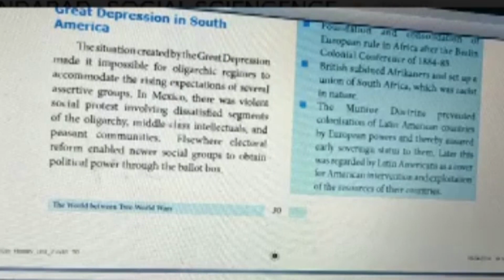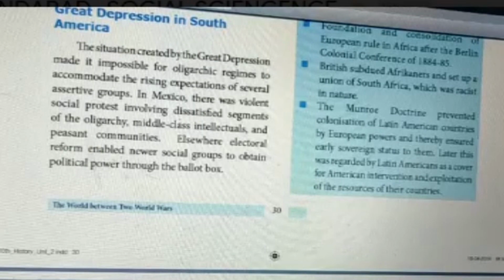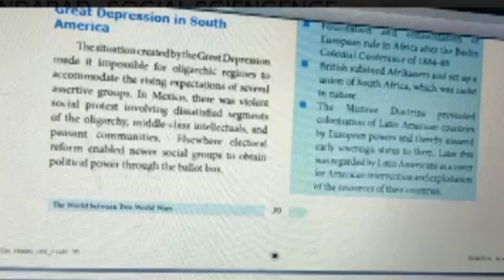After this depression, the ruling classes could not accommodate the rising expectations of the several assertive groups, people who believed in the government started to turn against it. There was a big protest in Mexico, with the ruling class on one side and the middle class intellectuals against them.